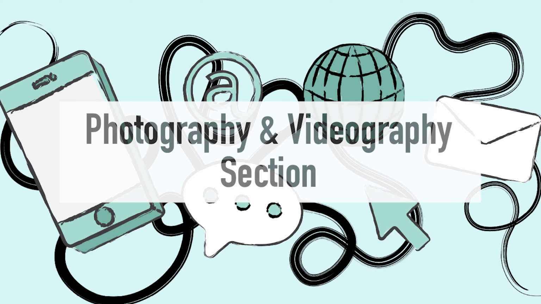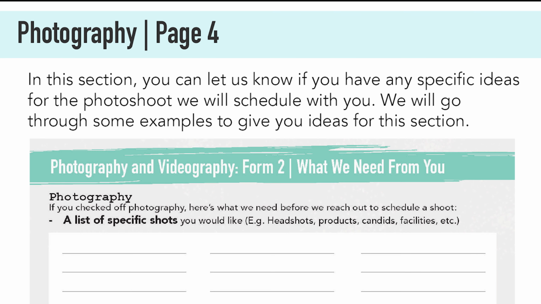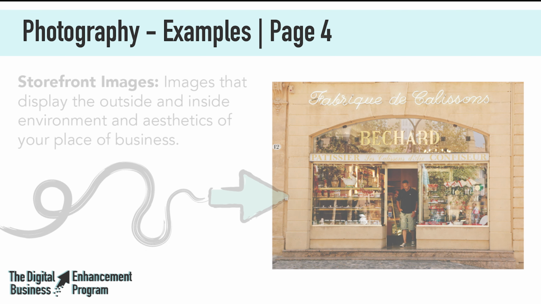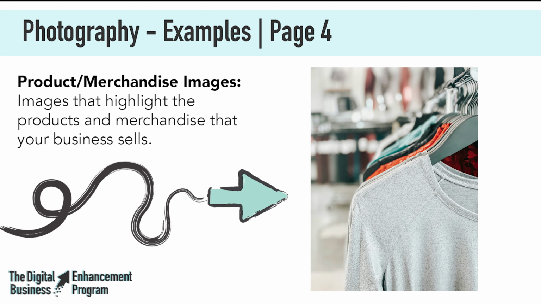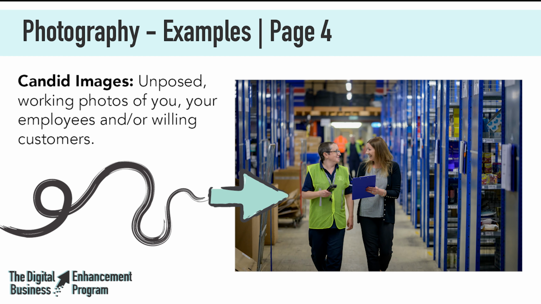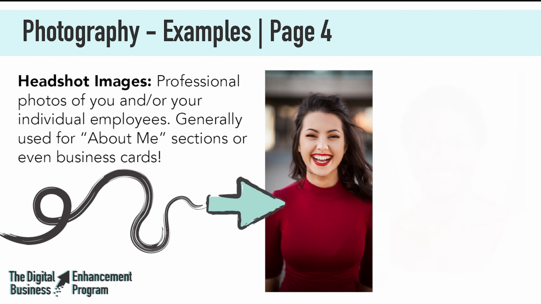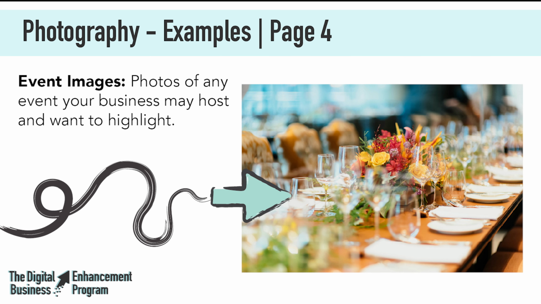Now, let's get into the photography and videography section. So here, you may not have any idea of what photos you want taken, and it's okay to simply write that. But this is a space to make specific requests. Examples could be storefront images, product merchandise images, candid or unposed working photos of you and or your employees, or professional headshots of you and or your team, and finally, specific event photography.